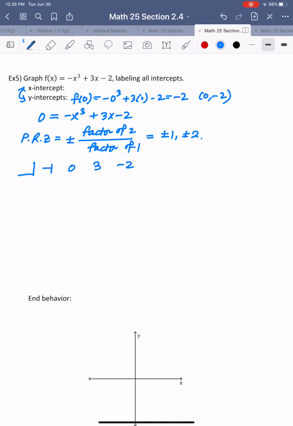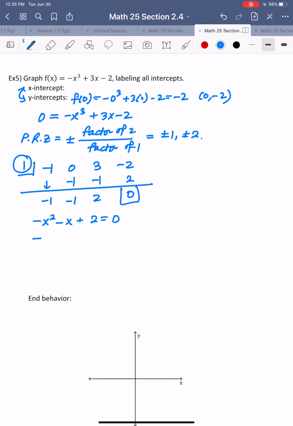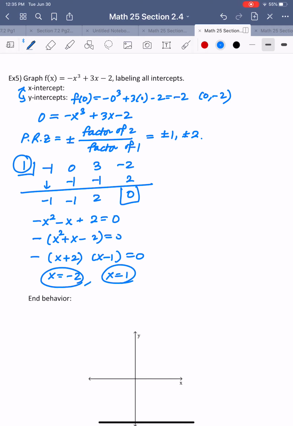The good news is I already have a zero, yay! So this gives negative x squared minus x plus 2 equal to 0. Factor the negative x out: negative x plus 2 times x minus 1. So the other zeros are negative 2 and 1. So 1 is repeated.